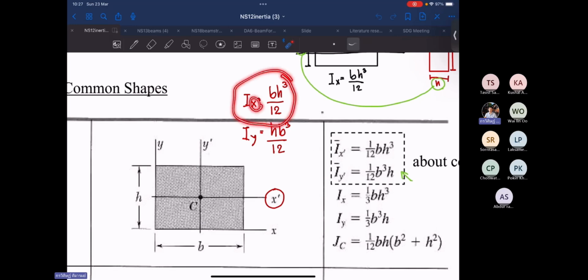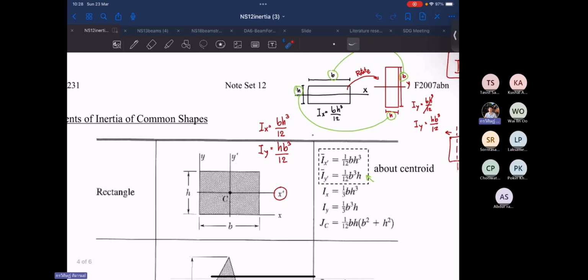It depends on the axis. If you change the axis, you have to swap this b and this h also. But please just memorize that it's a base multiplied by the height cubed divided by 12, and it will be fine.